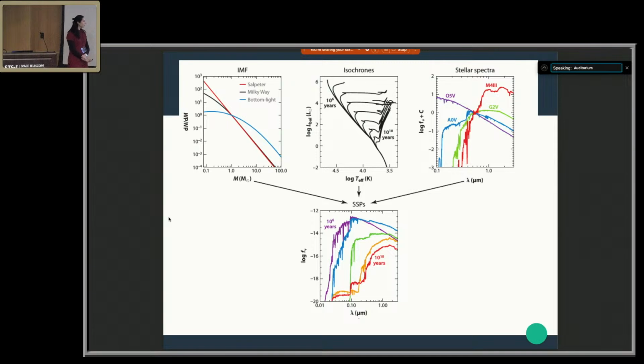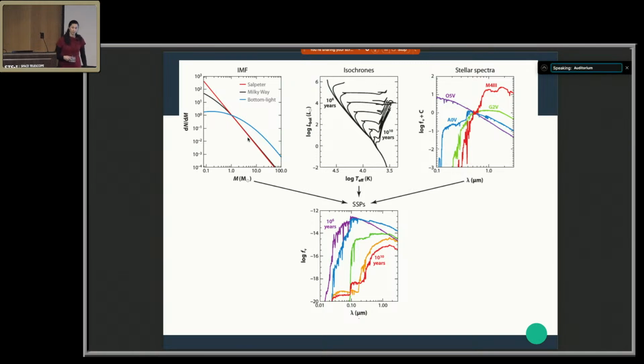So to build a stellar population model, now let me see if I don't mix up the buttons. You need an IMF, which means you need to know how many stars of each mass bin are formed when a cloud forms stars. So you have different masses forming. Then you need to know how each of those stars of different masses, different metallicities, they evolve with time.